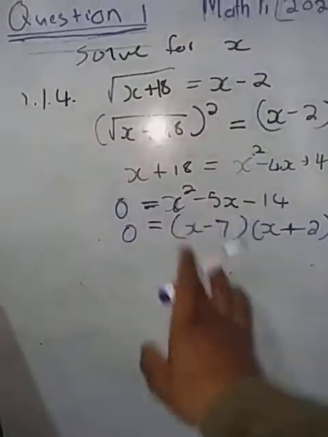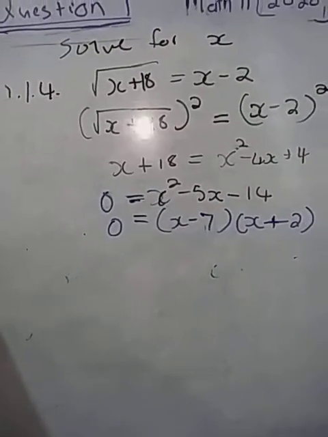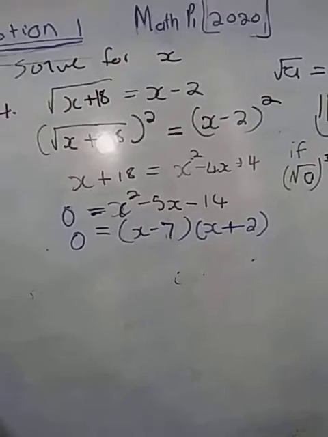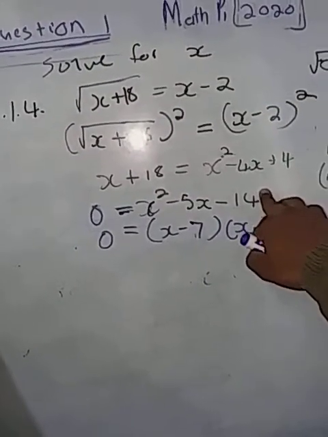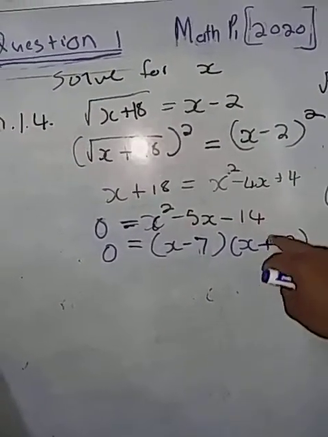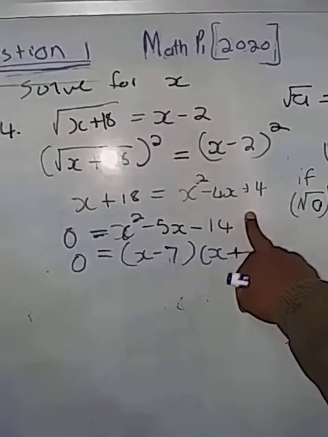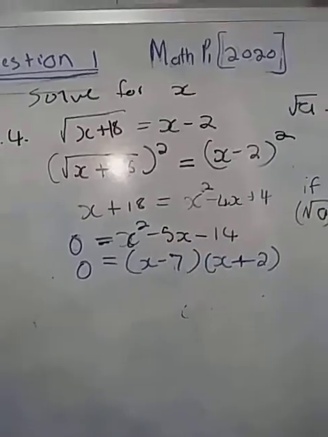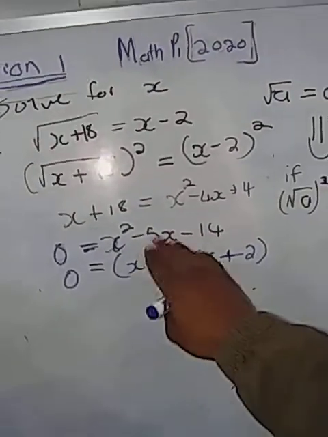In order to find the factors of the other terms, you're going to look at the last term. Then you look for the factors of the last term which, when you add or subtract them, will give you the middle term. For now just forget about the negative sign.